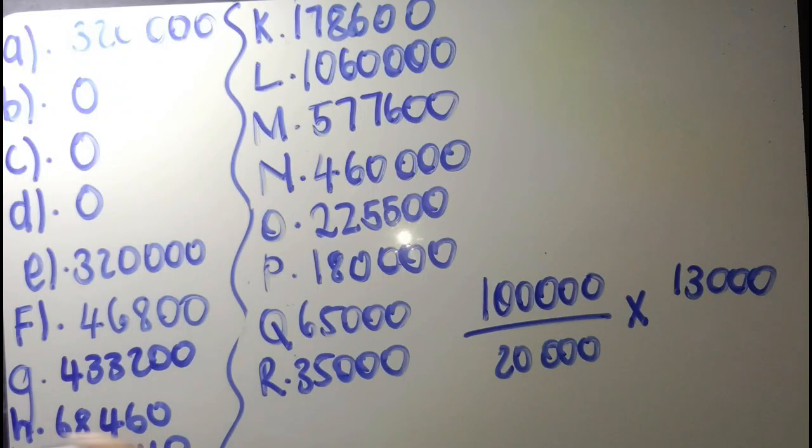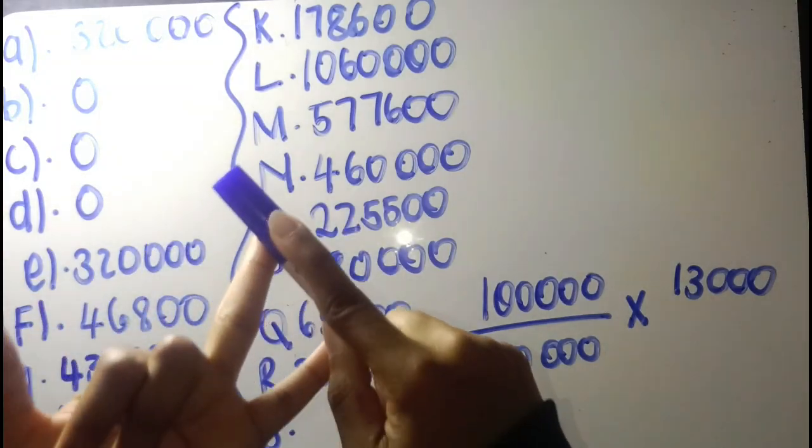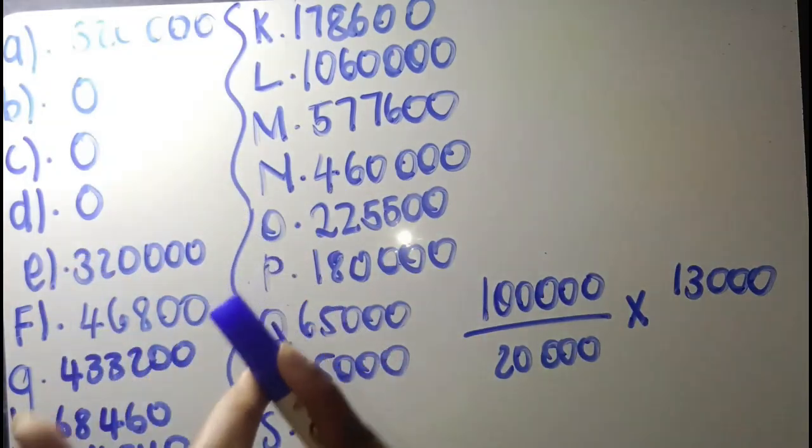right? And then now your S is the gross carrying amount at the end. So what you're gonna do is cost at the beginning plus the cost of additions minus the cost of disposal equals the cost at the end.